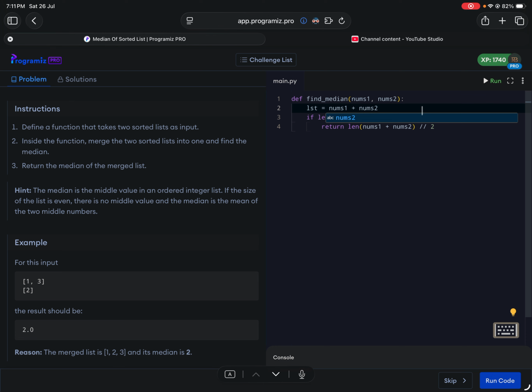So suppose this is our flat list, right? So we simply do something similar with lst.